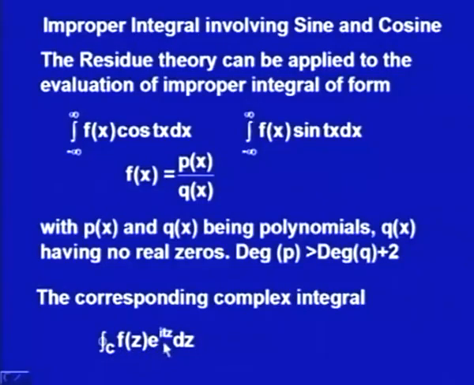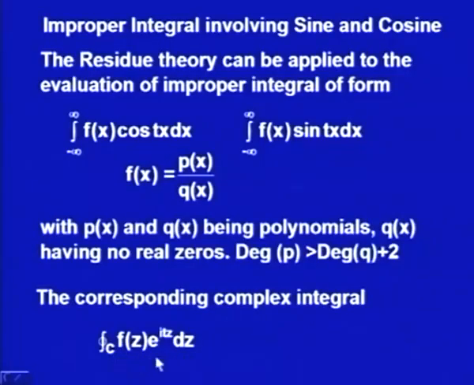Here, when I choose this complex function f(z) e^(itz), we know by Euler's formula that e^(itz) can be written as cos(tz) plus i sin(tz). So this contour integral can be written as two contour integrals: one is the integral of f(z) cos(tz), plus i times the contour integral of f(z) sin(tz).